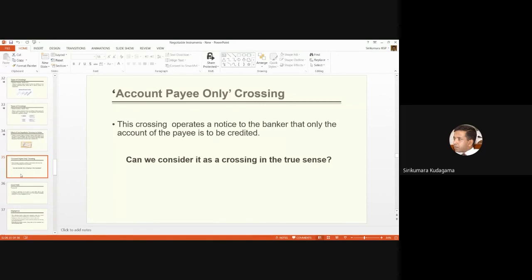You won't be, because you cannot deposit that into your account, right? So it might work. This is practically very useful. Now, this kind of a check would not be endorsed. That purpose is served by this, but the only thing is that our law is silent on account payee only crossings, right? Any ideas about that?